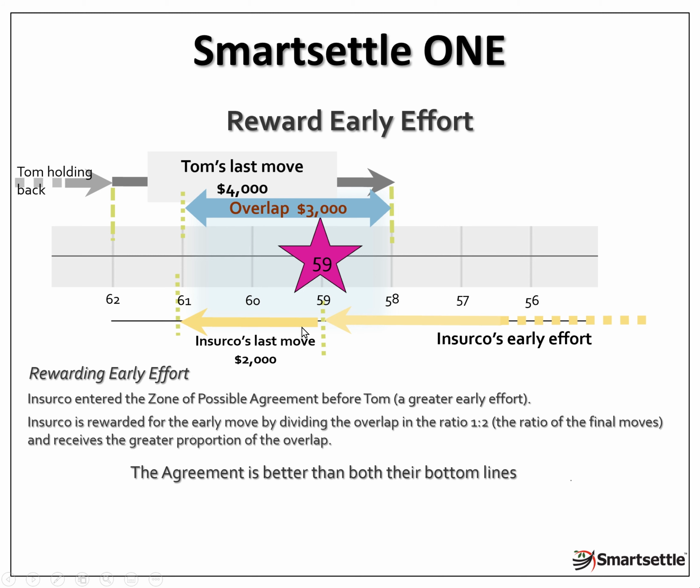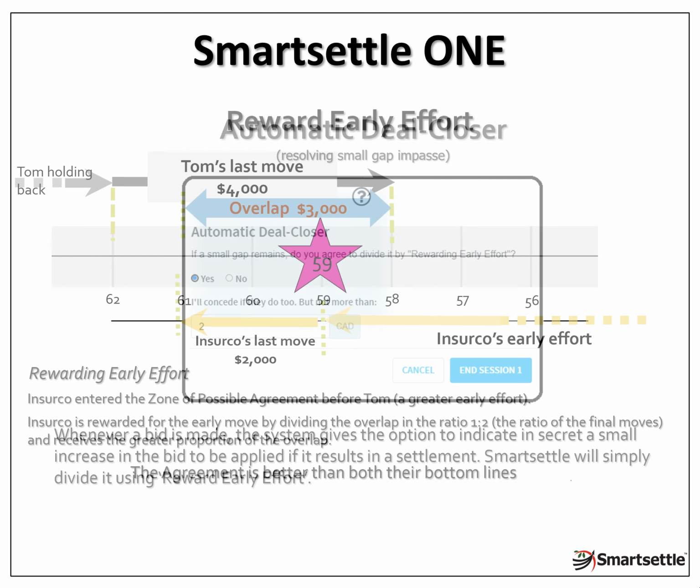So the insurance company gets a benefit. Instead of splitting it down the middle at 59.5, it declares it at 59, which saves the insurance company £500. So you see how the system encourages use of it and encourages more early effort to settle. Because the earlier you settle, the better, because the legal costs will be lower.